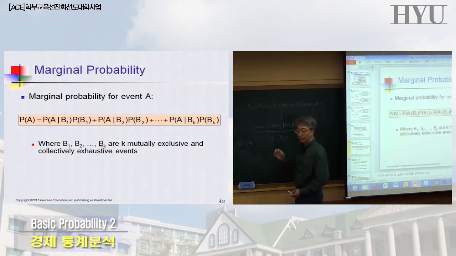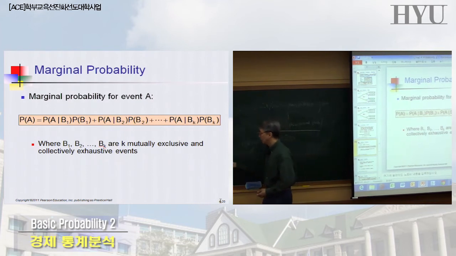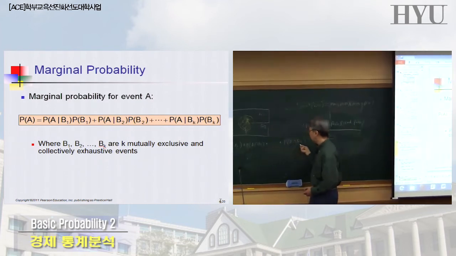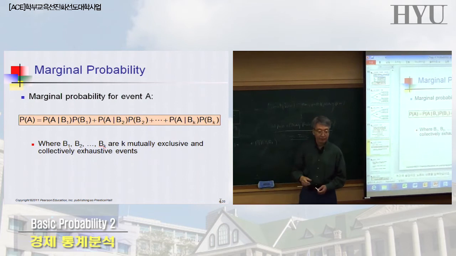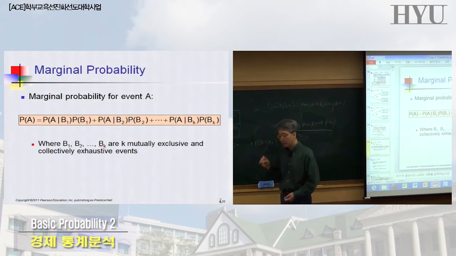The only requirement here is that B1, B2, up to Bk are mutually exclusive and collectively exhaustive. You have to satisfy that condition.